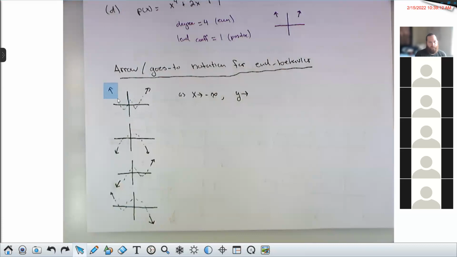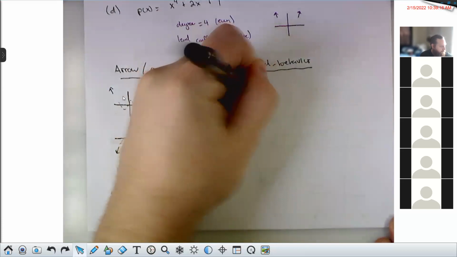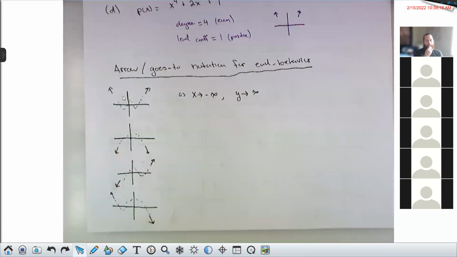So to describe this arrow, we would say as x goes to negative infinity, y goes to positive infinity. And you could transpose this. You could say y goes to positive infinity as x goes to negative infinity. But the big idea is this says going left corresponds to going up. Does that make sense?